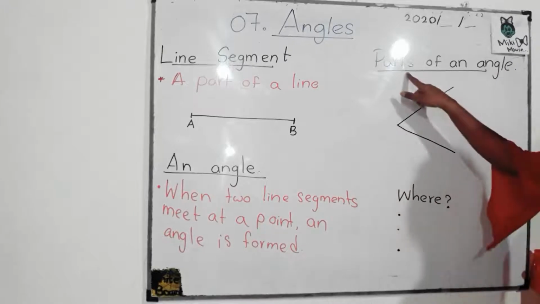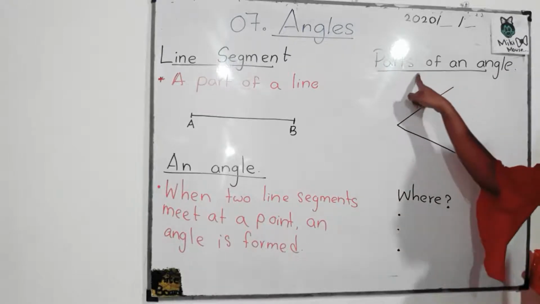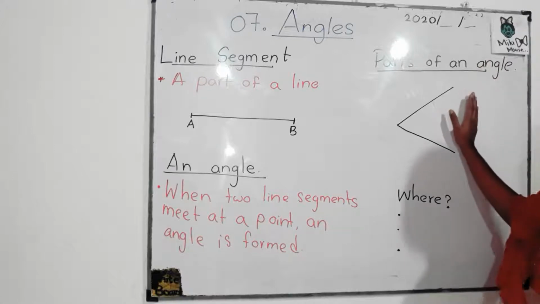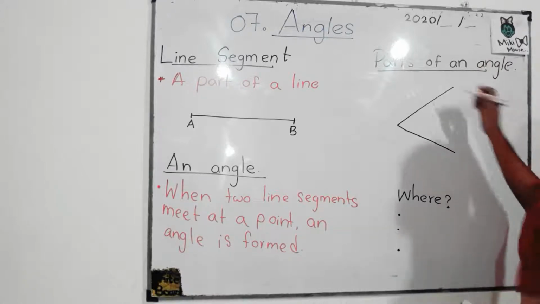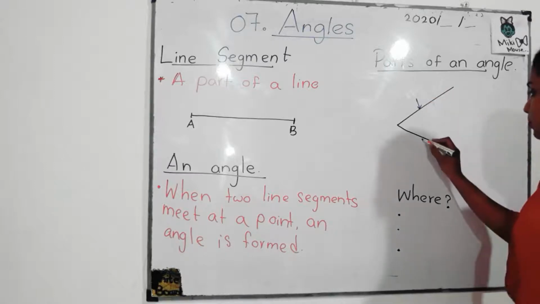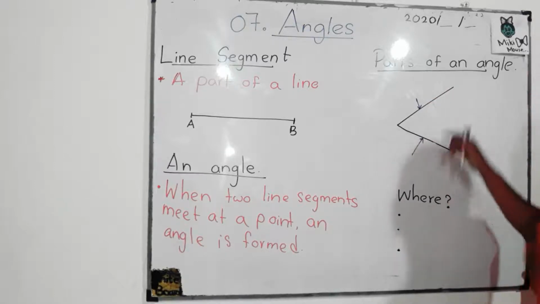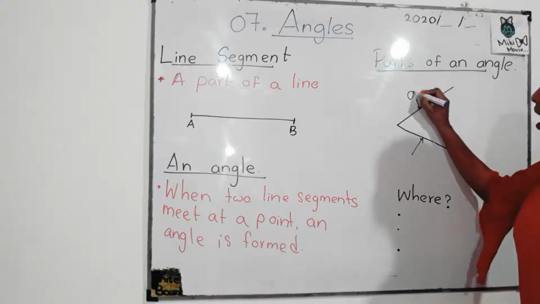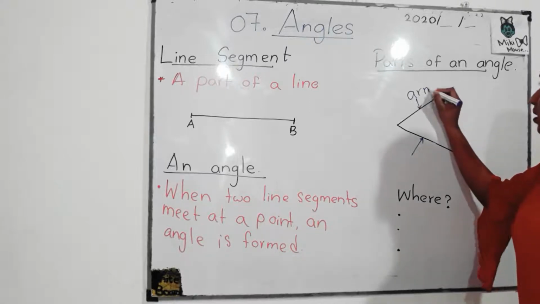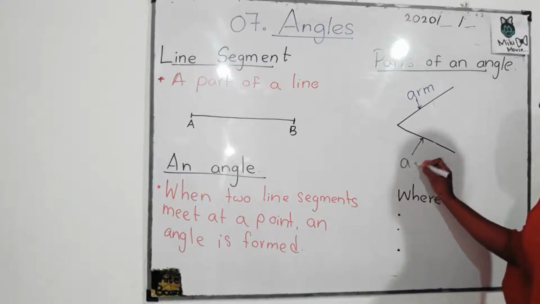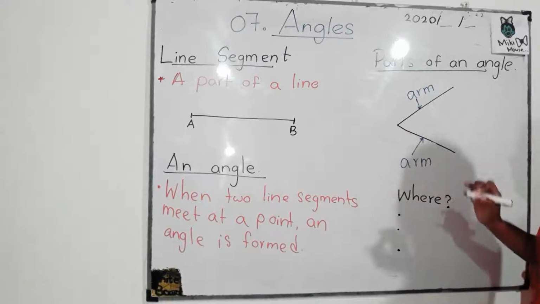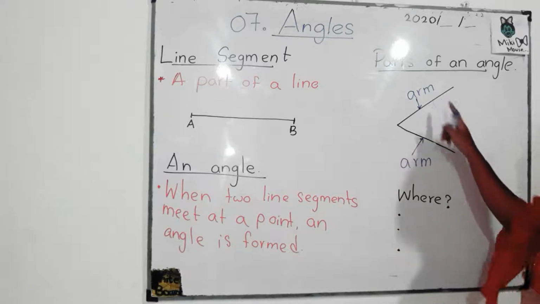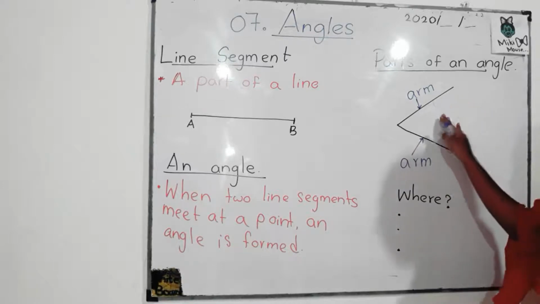And the next thing is we have to discuss the parts of an angle. Mainly there are three parts. First, these two line segments are called arms of this angle.